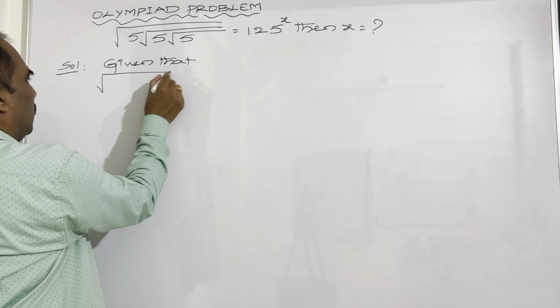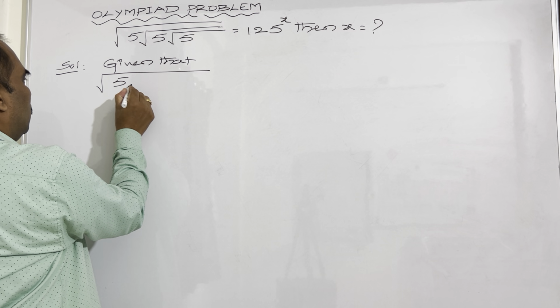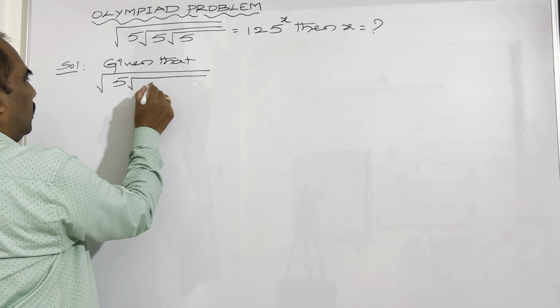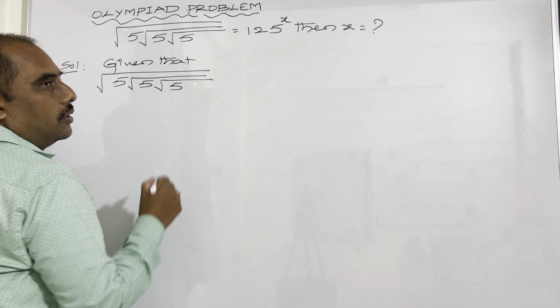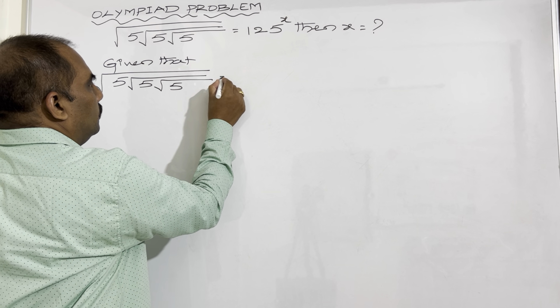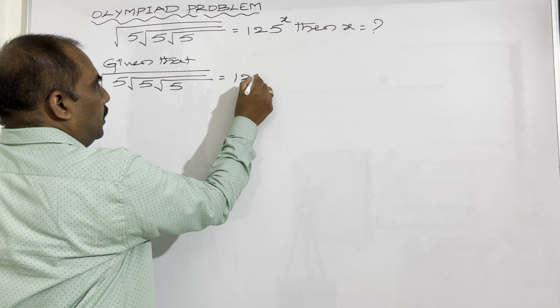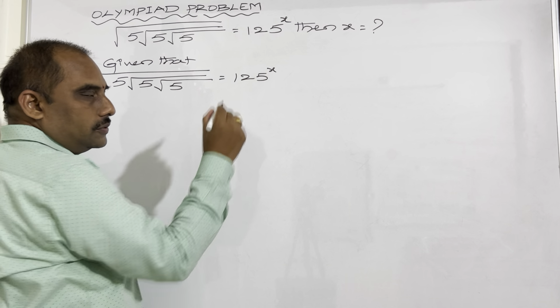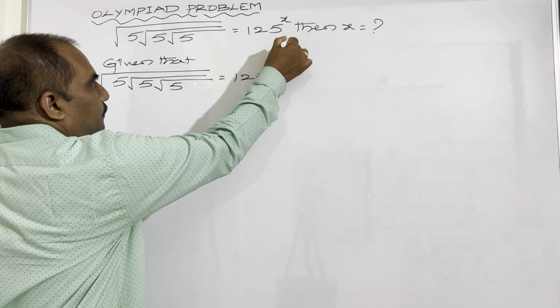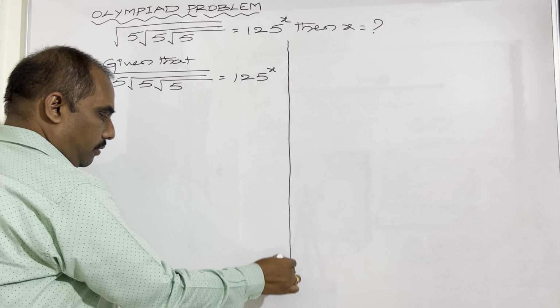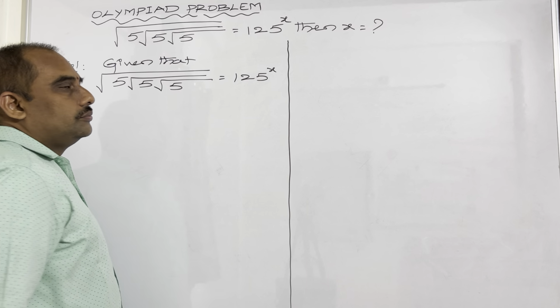root over 5 into root over 5 into root over 5 is equal to 125 whole to the power of x. See here, what I am doing is first to find the value of x.